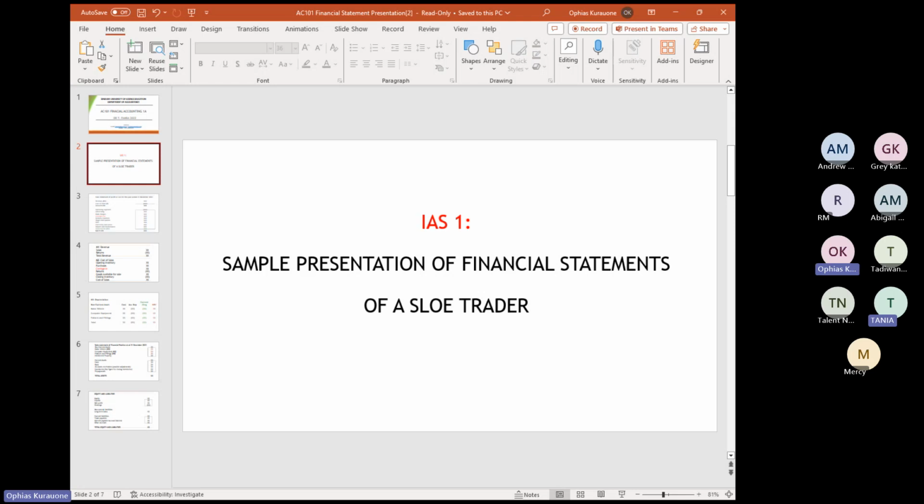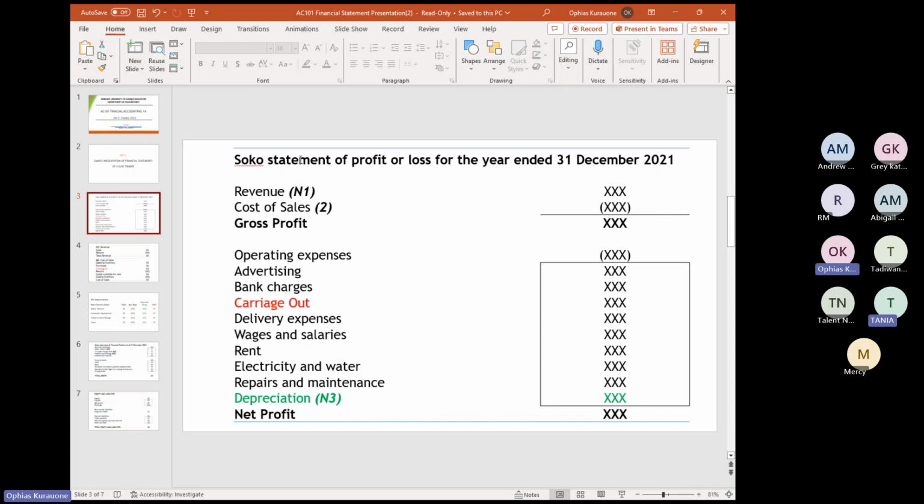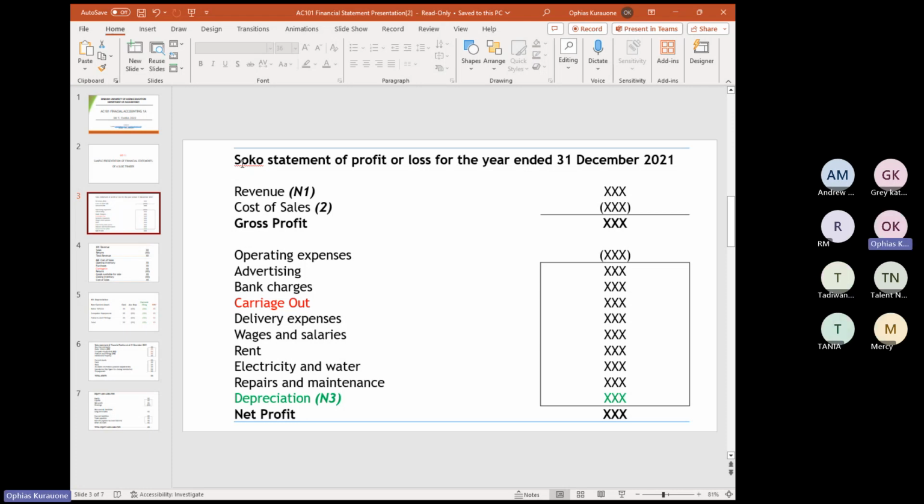A sole trader is a person who usually operates alone, an individual. So we will start with the statement of profit or loss for the year ended 31 December 2021. This is a sample. Last time, from the lecture which I uploaded on the group, we were preparing the trial balance.